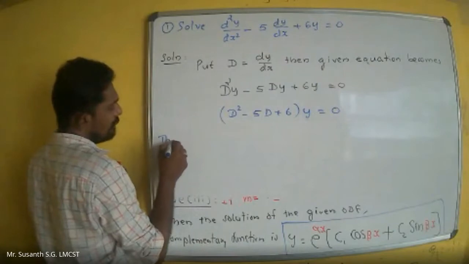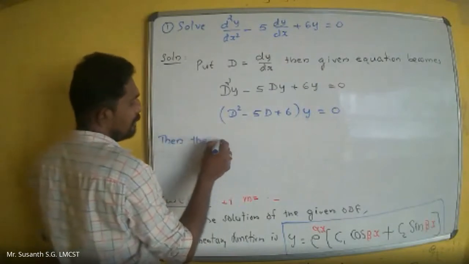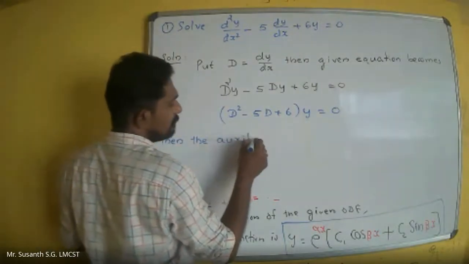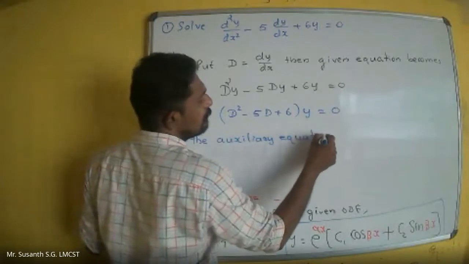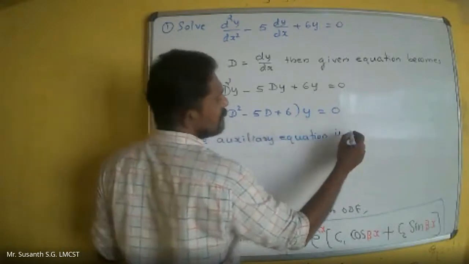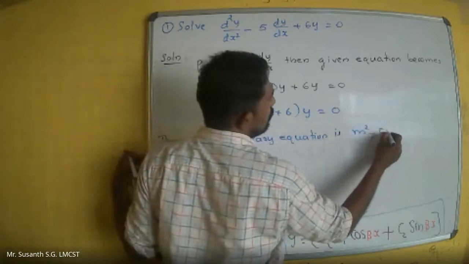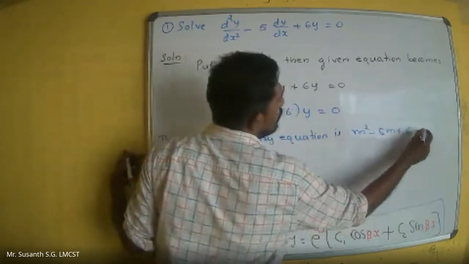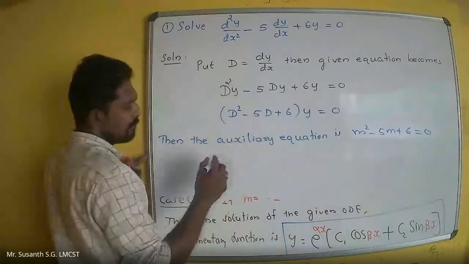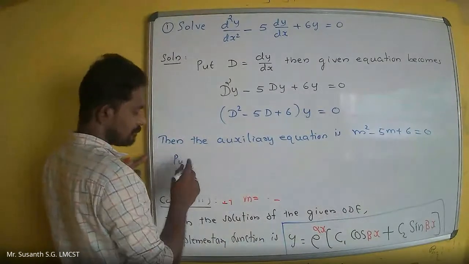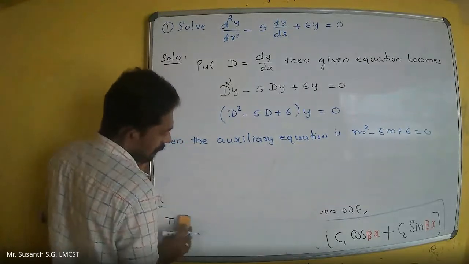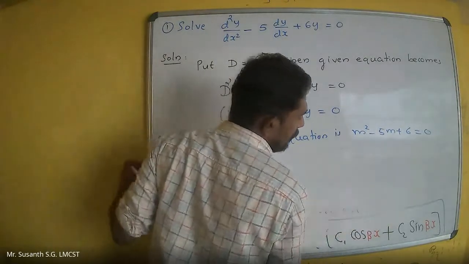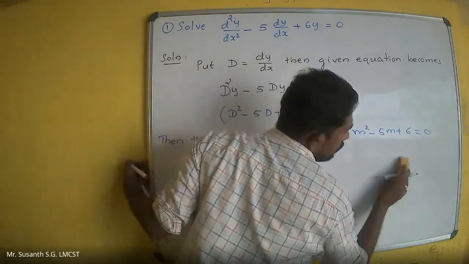Then the auxiliary equation, substituting D is equal to m, is m square minus 5m plus 6 is equal to 0. This is the auxiliary equation. It is a quadratic equation, solving either by using a calculator or by the manual method.